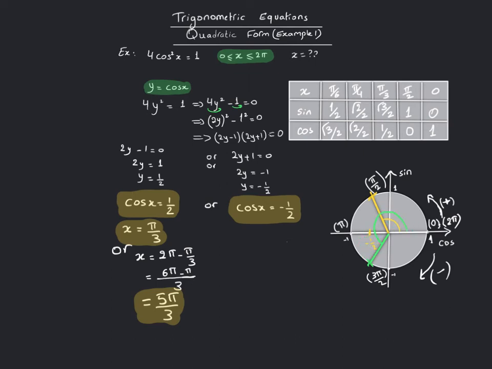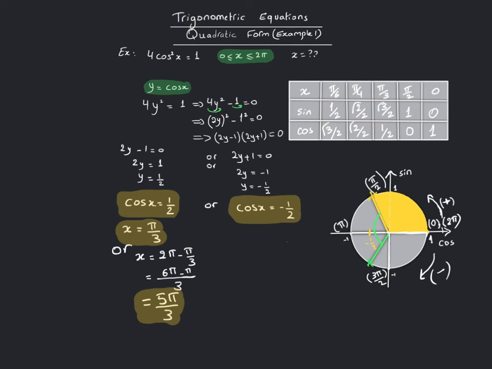Let's check the value of these angles. As we said before, we're going in the positive direction. So the angle will be pi minus pi over 3, because I am coming back in the negative direction. I use the positive pi, then the negative minus pi over 3.